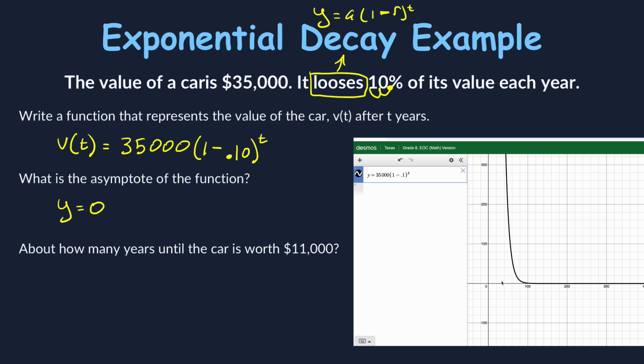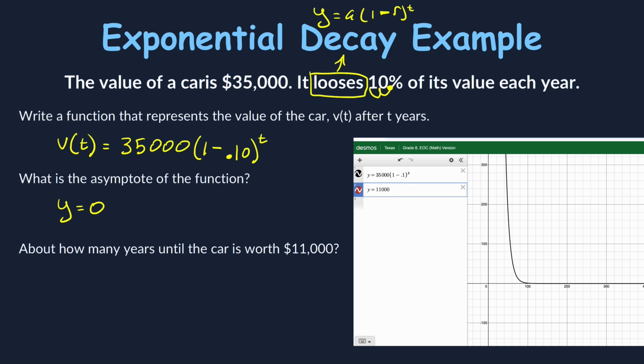And we want to know how many years until the car is worth $11,000. And so in this case, we have a value. We have 11,000. So that's going to be my y. And I can figure out how many years have passed by solving for x. And I can do that if I say y equals 11,000.